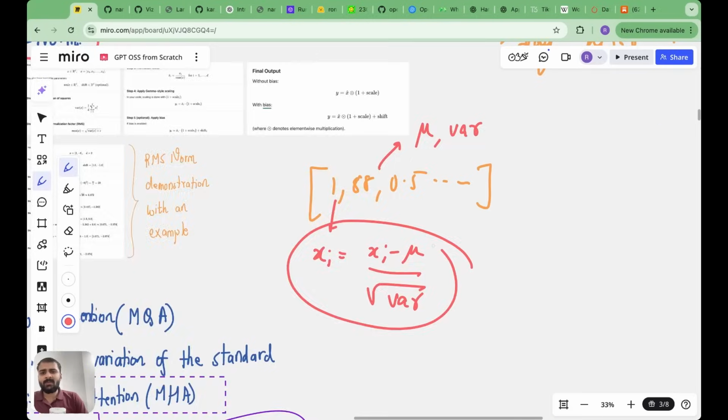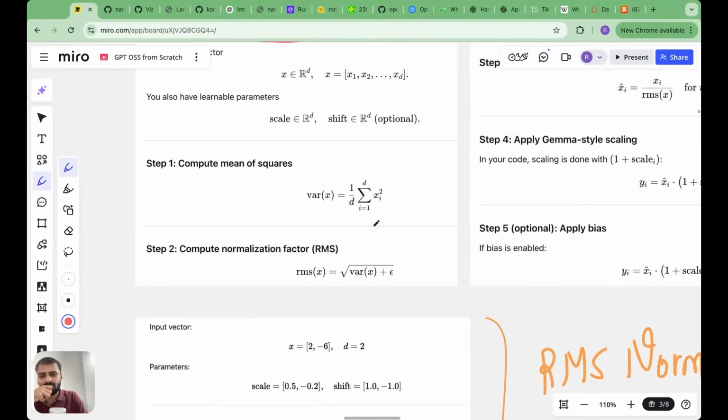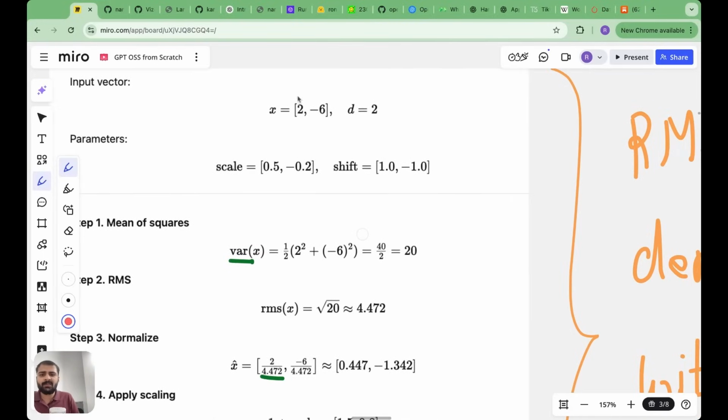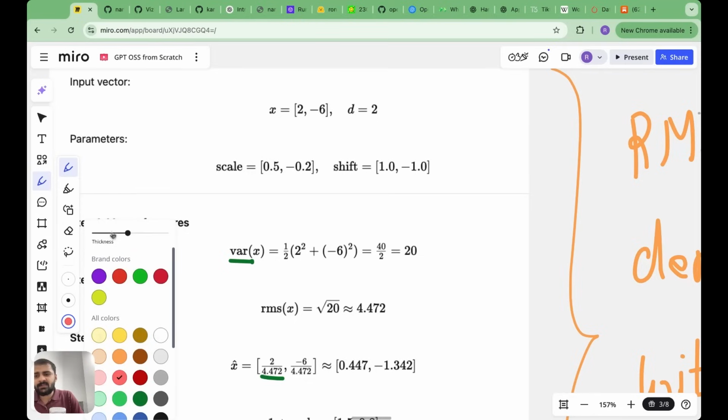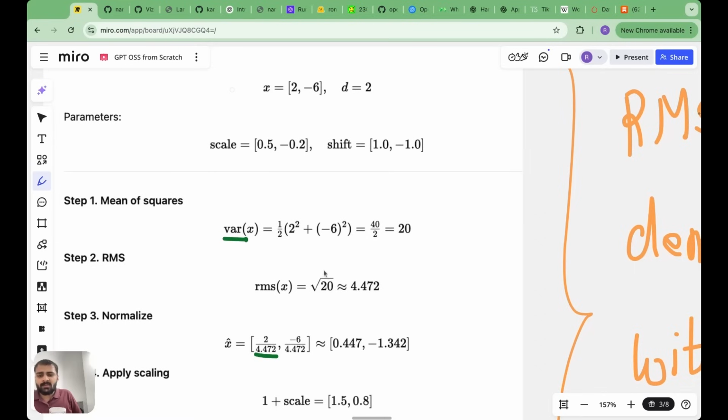But in RMS normalization, things are a bit different. Let's say this is a vector. You first take the magnitude, like 2 square plus minus 6 square, divided by 2, and then you take a square root of it.